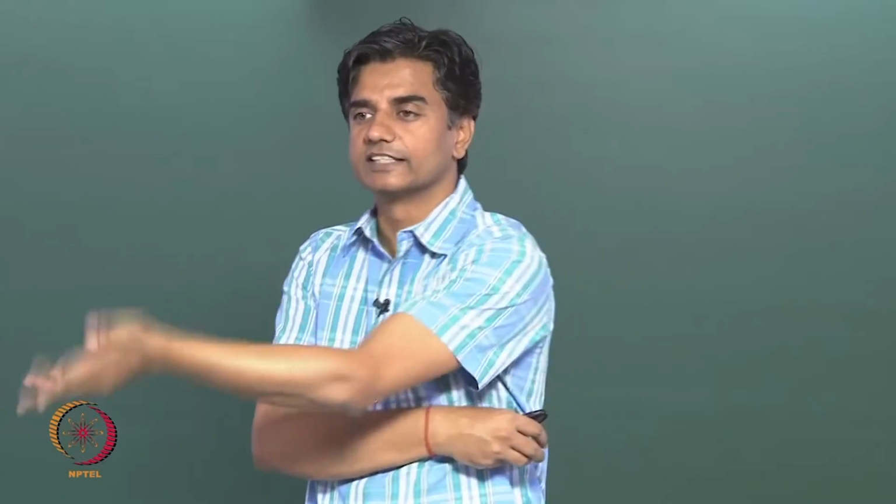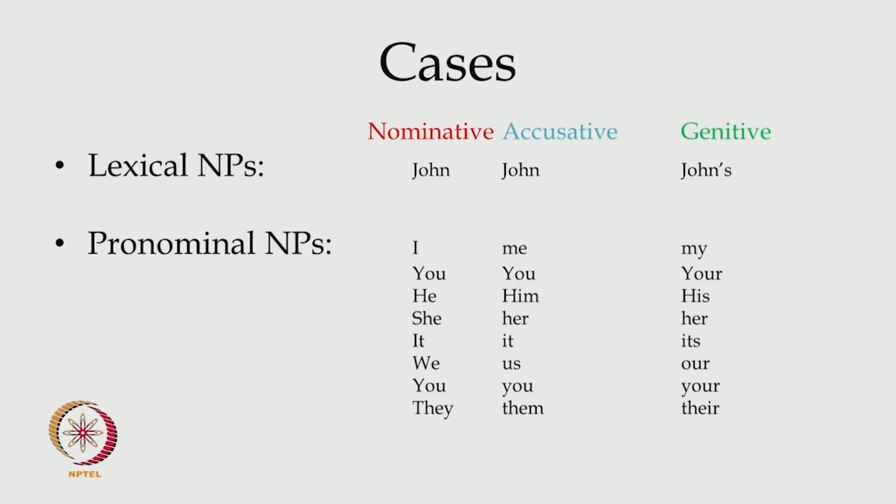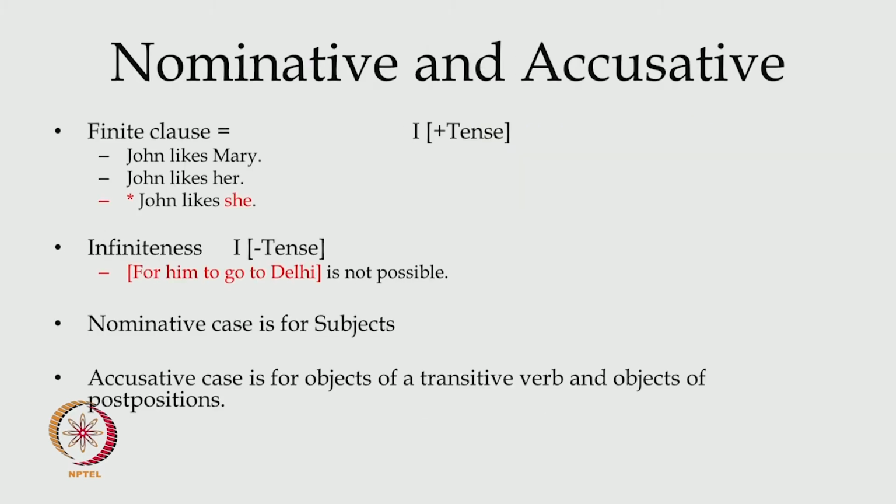Or we just have to believe that one has nominative case and the other has accusative case? See the question? The answer is, X bar scheme definitely helps us understand cases in a better way. So we are going to see that.